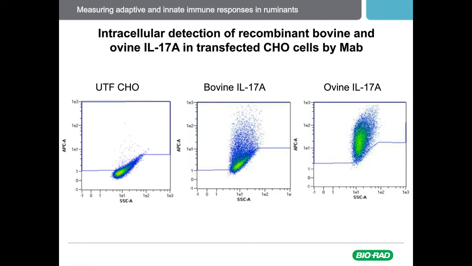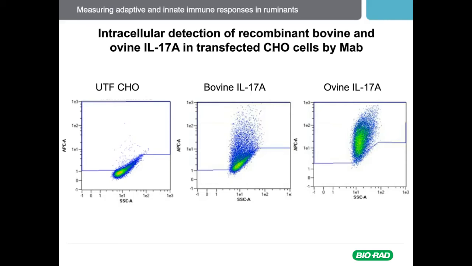We then went on to use our transfectants to screen a whole panel of monoclonal antibodies for species cross-reactivity against ruminant interleukin 17A. One of the things that I should have said right at the start was that it was very important to us when we embarked on the project that we were not going to produce monoclonal antibodies if there was not a need. And this is why we can use these transfectants, because we've got defined gene products to then screen for cross-reactivity of existing monoclonals.